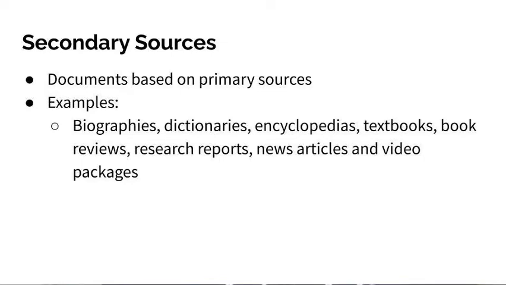Textbooks, book reviews, when someone is reviewing a book written by another person. Research reports and papers. Someone is using information from another source to create their own informational source. And news articles and video packages. A video package is not just the original video, but also includes additional information and commentary and editing.